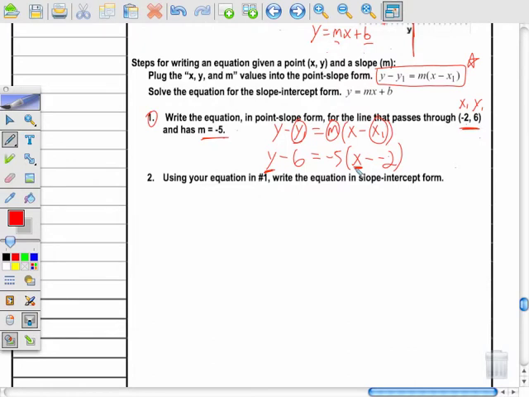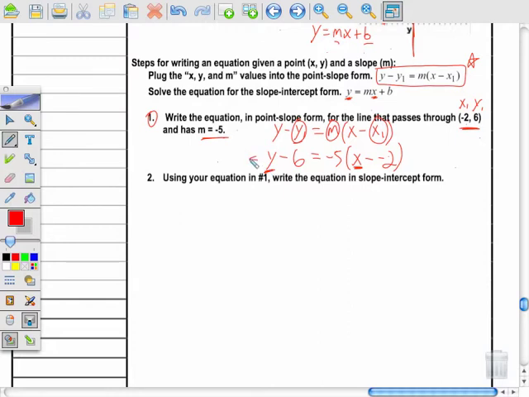The x value just stays x. Just like in y equals mx plus b, the y and the x stay the same, and we plug in the slope and the intercept in that form. In this form, the y and the x stay, and we plug in the numbers for the coordinates of the point and the slope.